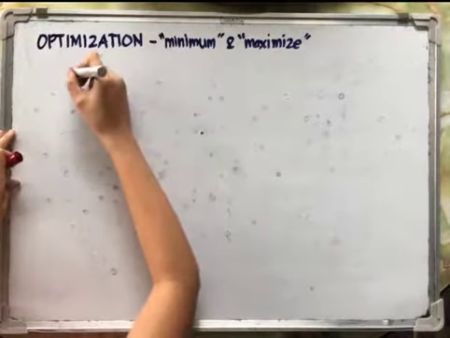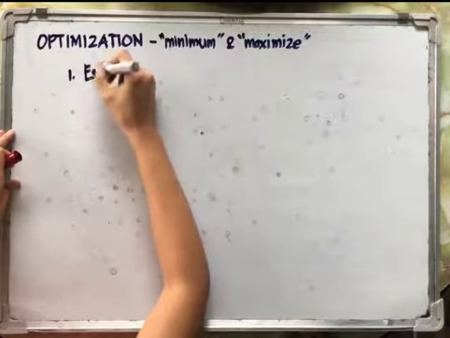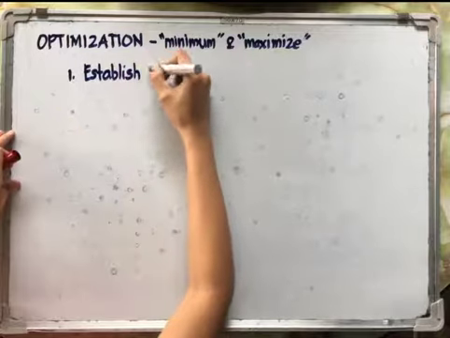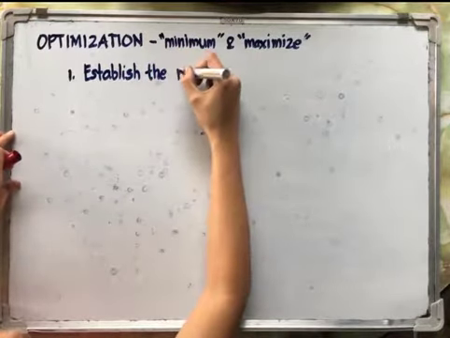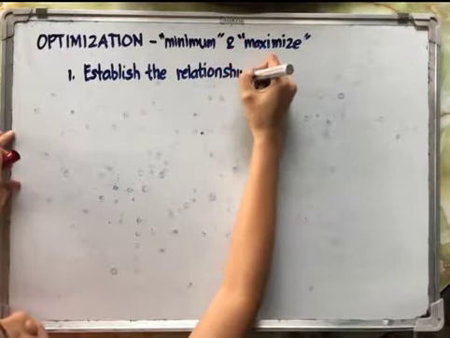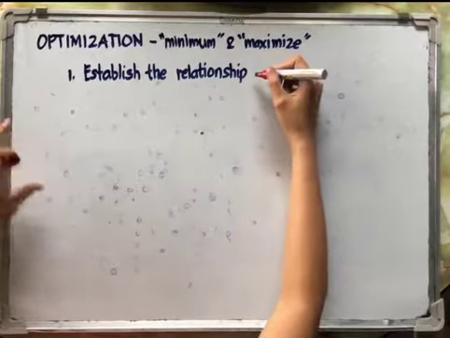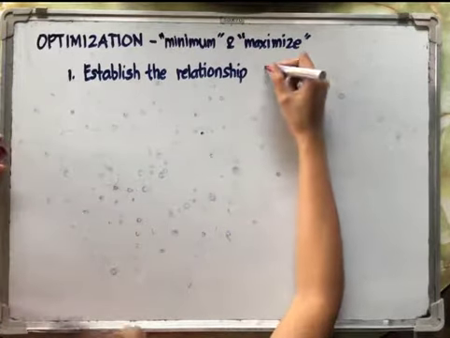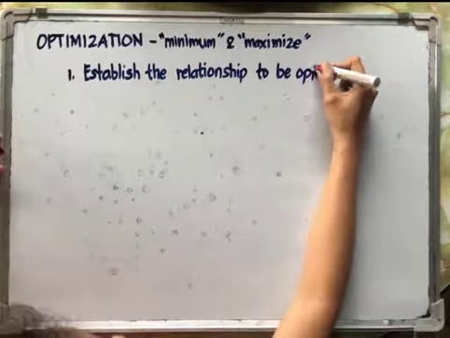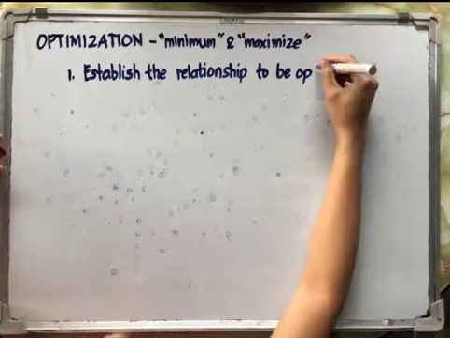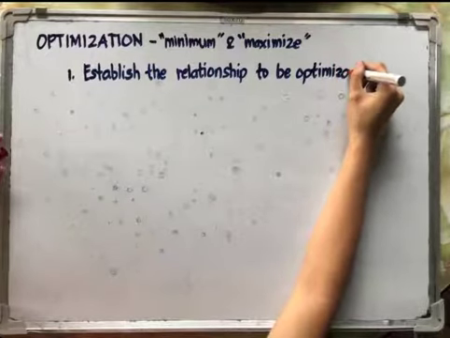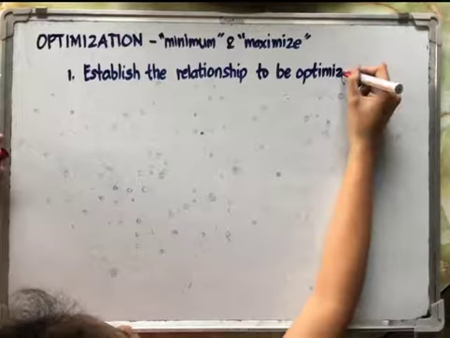Establish the relationship between variables, or the relationship siguro to be optimized. Establish the relationship to be optimized. So basically, ano yung mga variables mo, no? Kasi yun yung i-optimize mo eh. So when you talk about optimize again, i-minimize mo siya or i-maximize mo siya. To be optimized.